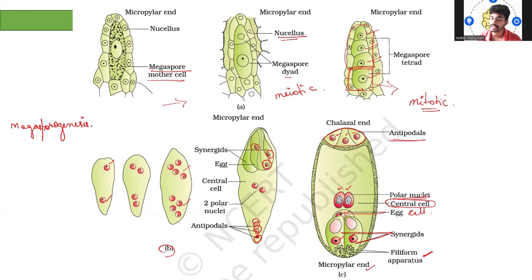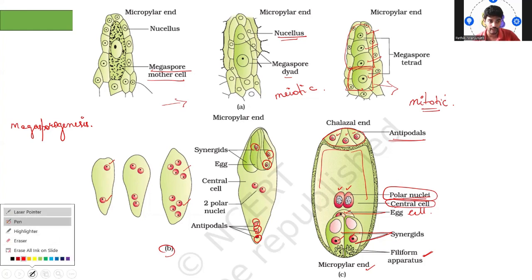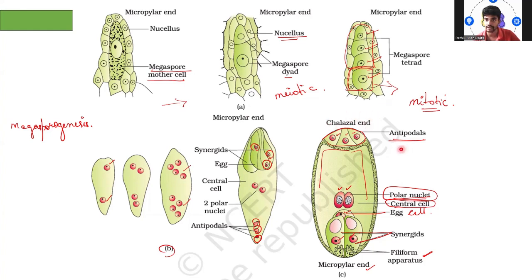In the middle, you will see a large central cell, where two polar nuclei are observed. Thus, the angiosperm embryo sac at maturity has eight nuclei: one, two, three, four, five, six, seven, eight.